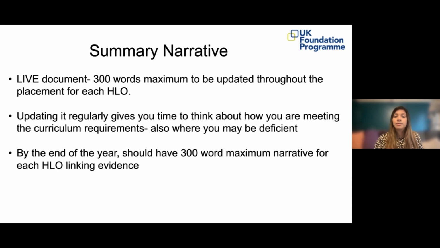Then you can comment that you've met these requirements because of these areas of evidence, and that you're aware you need to develop in this area. Because of that constant editing of the summary narrative, it helps keep your own learning needs at the forefront of your mind as well.